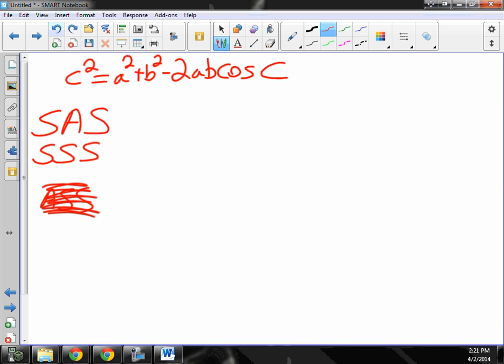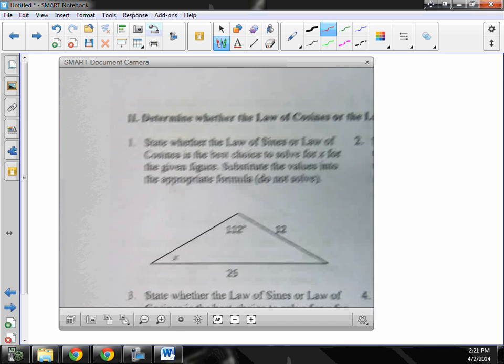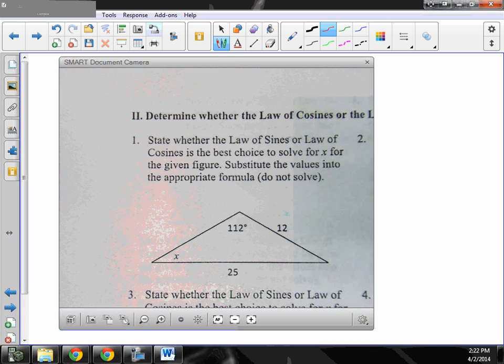So on this worksheet today, I've done you a huge favor to save you some time. So if you look at problem number 1, it says, if you want to find angle x, do I want to use the law of sines or the law of cosines?